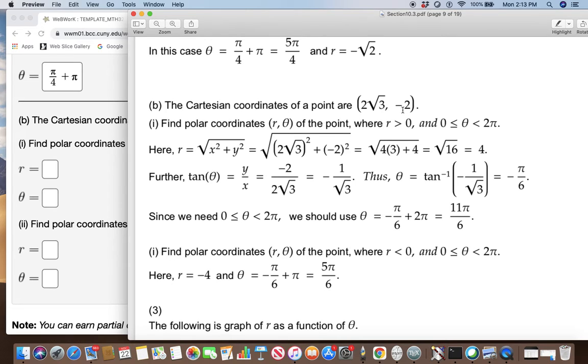So when you take the fourth quadrant, theta is tan inverse of y over x. When you simplify, it gives you negative pi over 6, which takes you to the fourth quadrant. But notice, for our polar coordinates, we are not allowed negative angles. So we simply add 2 pi to get the analogous positive angle, 11 pi over 6. So radial distance is 4, angle is 11 pi over 6.